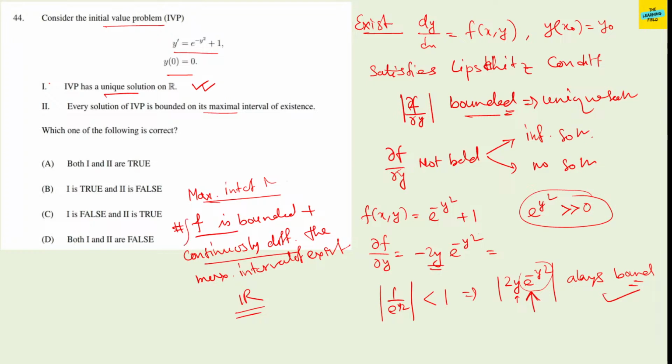Therefore f satisfies these two conditions. That means the maximal interval of existence is equal to complete R.